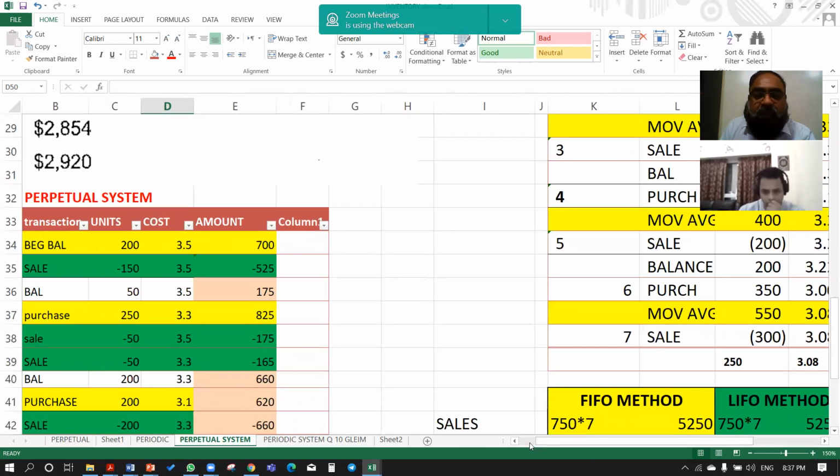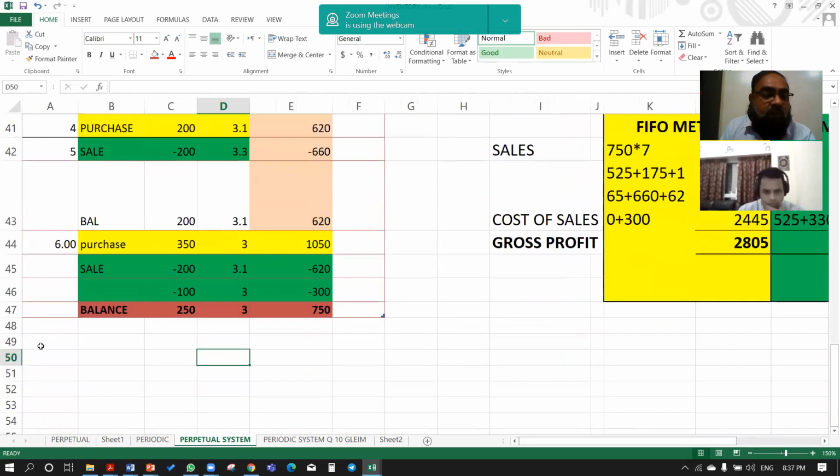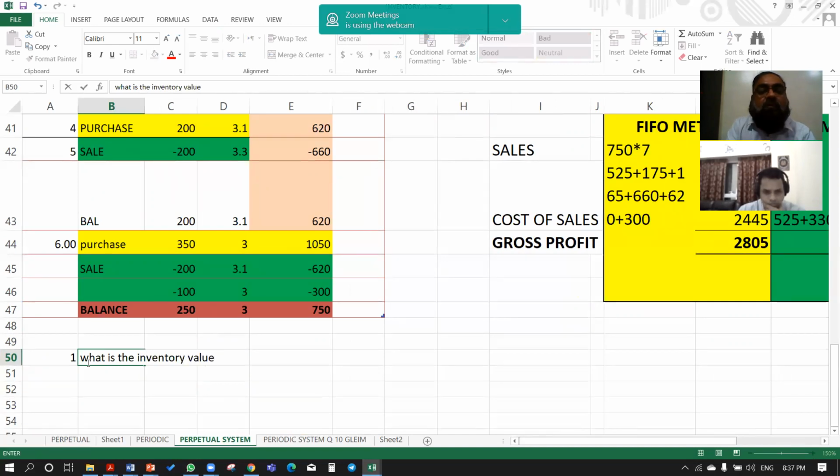The CMA exam may ask you questions like: what is the inventory value at the end, or, for example, at January 10? Are you getting the point? This way they can ask you the question.